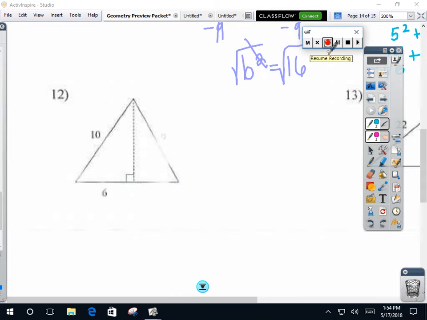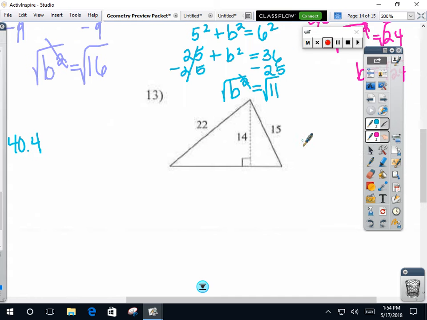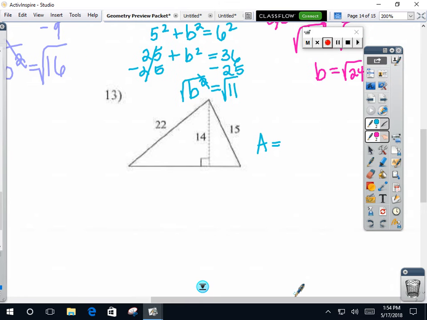All right, here we go. Number 12. What did y'all get for number 12? 40.4 is correct. What did you get for 13? Straight. I got 156.8.